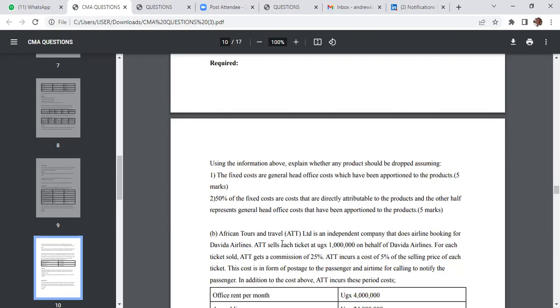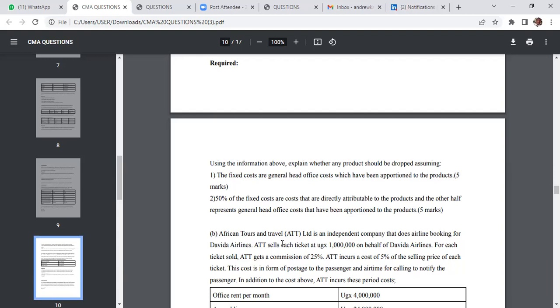However, what we call direct fixed costs relate strictly to the product itself, so that once you drop the product, these direct fixed costs will also drop. Those become relevant. So they said 50% of them are directly attributable to the products.